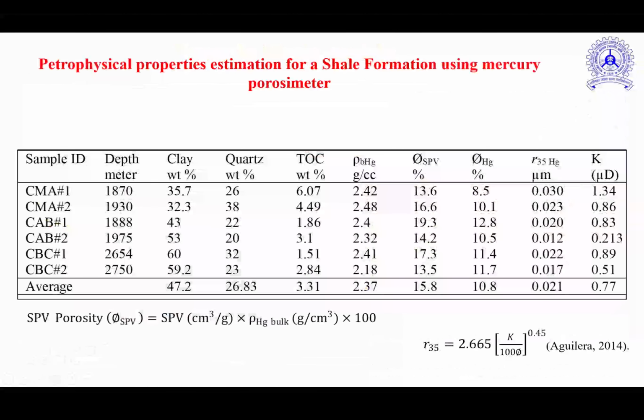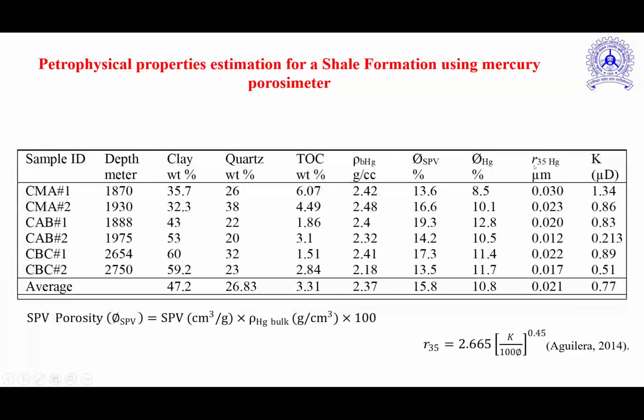So we go for low pressure nitrogen adsorption, for determination of the specific pore volume and specific porosity. We identify the pore distribution, like pore diameter distribution, and from there we determine the permeability using this equation.